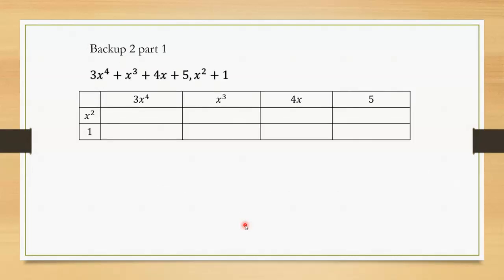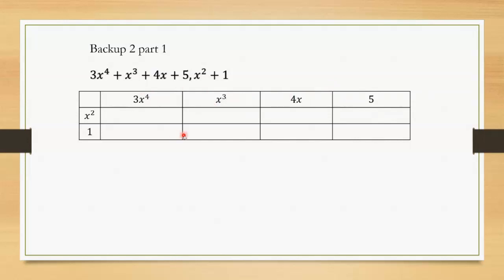So for this one, we have a polynomial with 4 terms, and we have one with 2 terms. What I did, you don't have to, was use the polynomial with more terms for the columns.